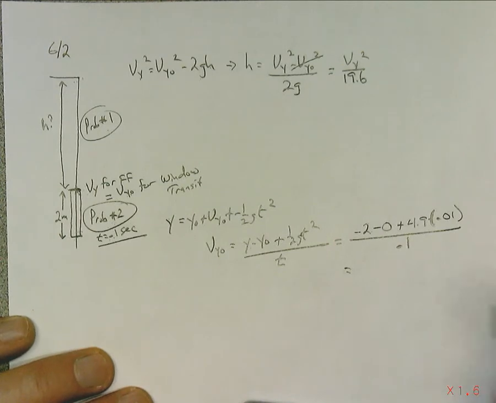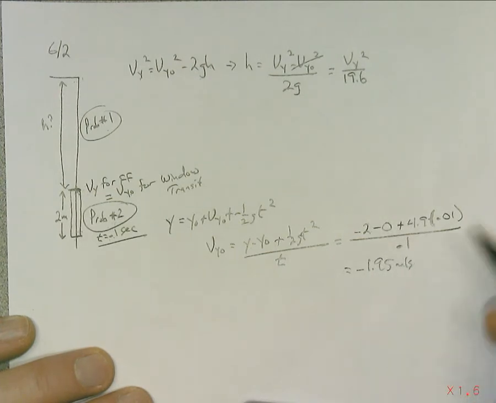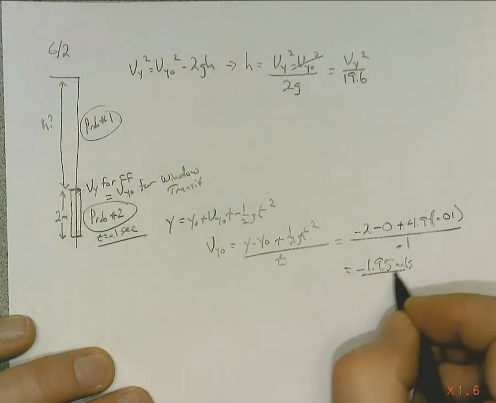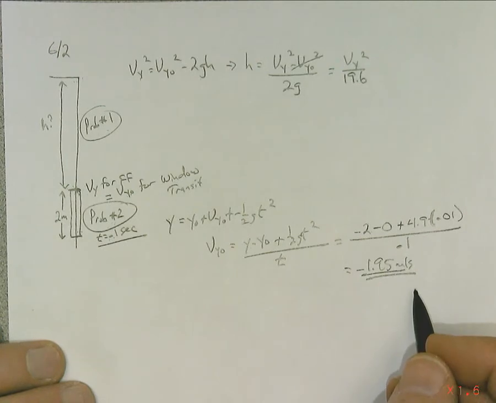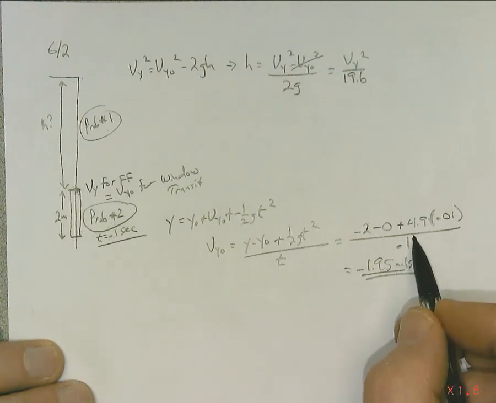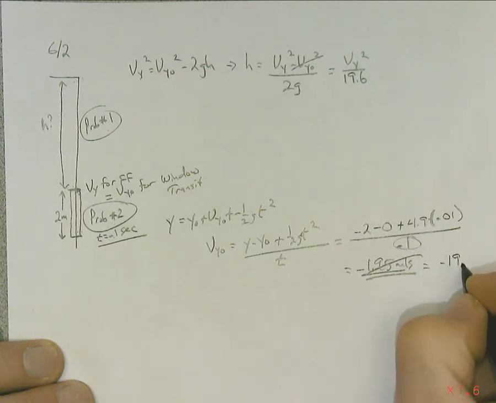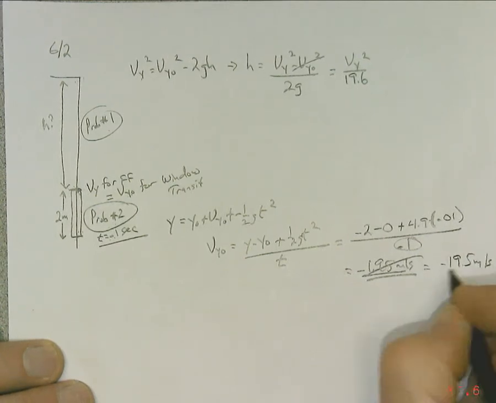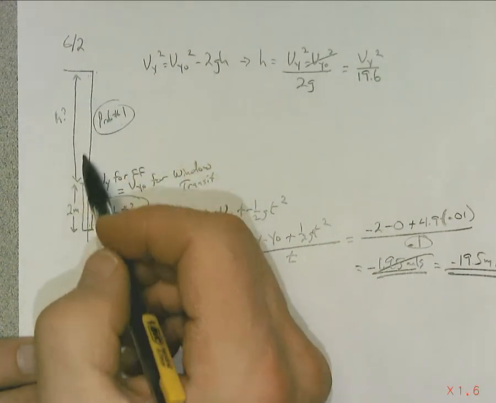It gives us basically minus 1.95 meters per second. So that is Vy0. That's the velocity at this point. And now, let's see, we got to divide that by 0.1. I didn't do that. I didn't divide by 0.1. So this is really minus 19.5 meters per second. So there is Vy0 for this, and it's Vy for this problem up here.